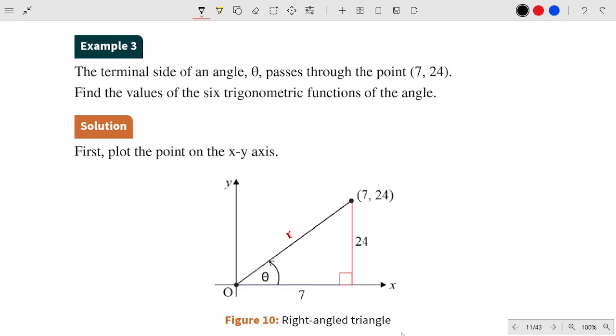Okay, welcome back again. In this tutorial, we are going to solve examples on trigonometric functions. In our previous video, we talked about the sign of the 6 trigonometric ratios in all the quadrants.